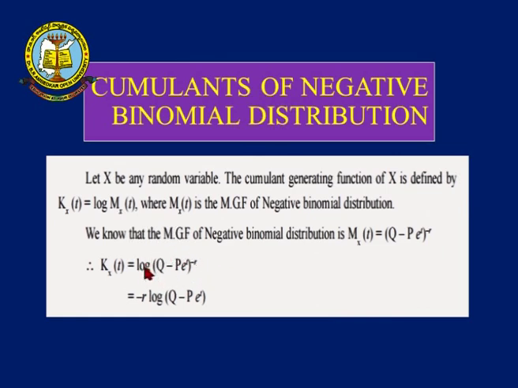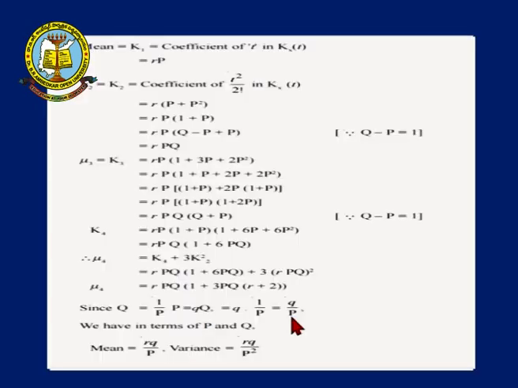We can write it as n into log x. So here, instead of n you can write minus r, giving minus r log of (Q minus P e to the power of t). Therefore, we can find the mean. Mean is equal to k1, the coefficient of t in K_X(t), that is rP.